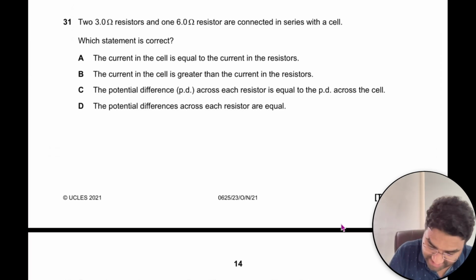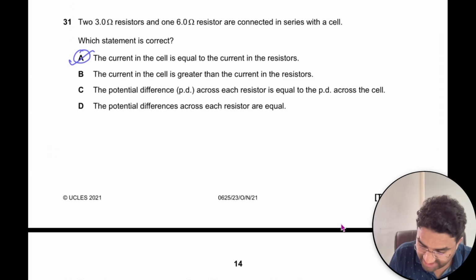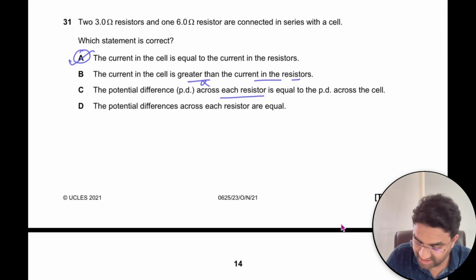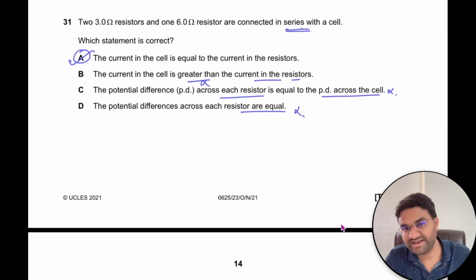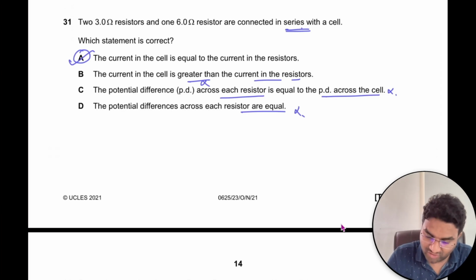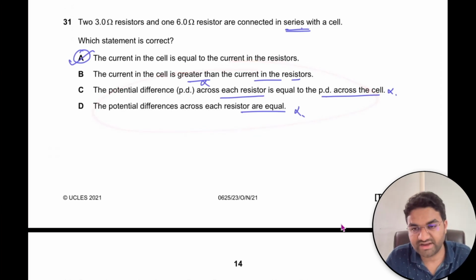The current in the cell greater than the current in the resistor doesn't make sense. Potential difference across each resistor equal to potential difference across the cell? No, the potential differences are not equal. This is a series case; as I said earlier, even though the current is the same, the voltage is different. So all these three are contradictory statements, and that's why they are not true as well.